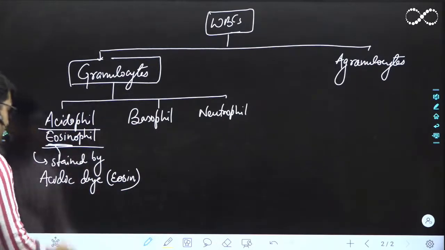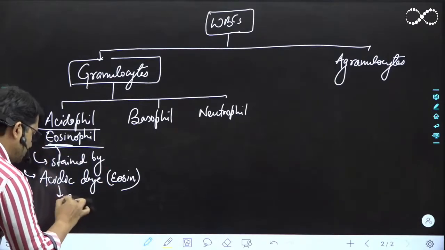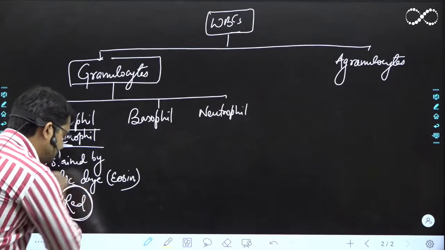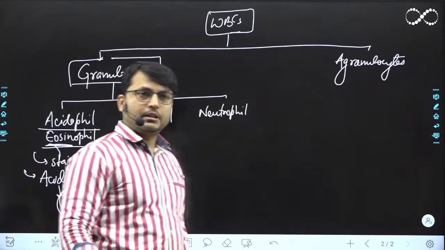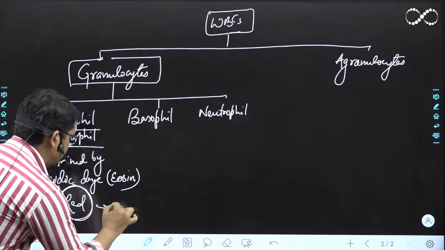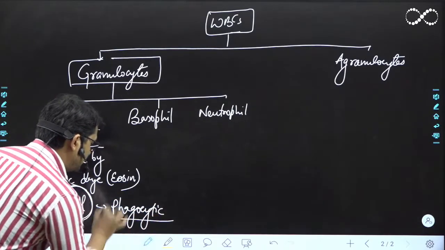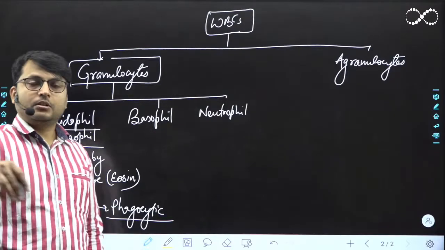Got it? And if they are stained by acidic dye, they are going to appear red in color. Great. What is the function? The main function of the acidophil is that they are phagocytic. They are phagocytic cells.